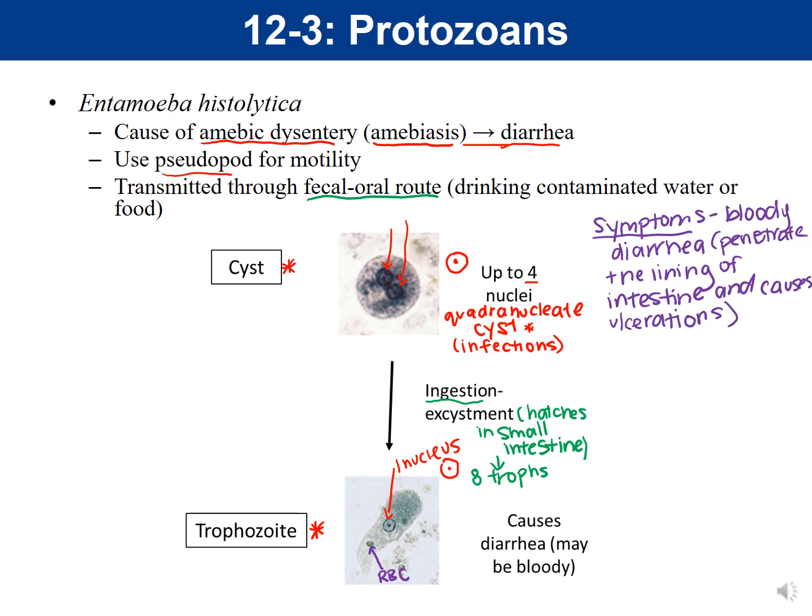Which is what is going to lead to that bloody diarrhea. And so that, again, is going to lead to our disease, which is going to be amoebic dysentery or amebiasis.